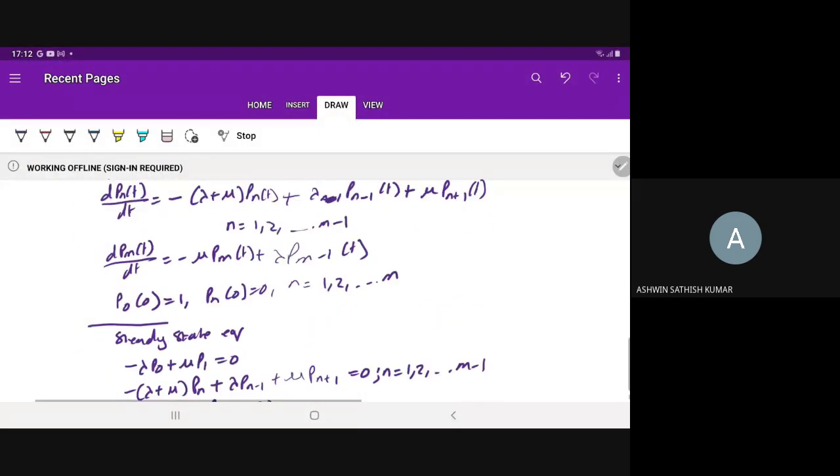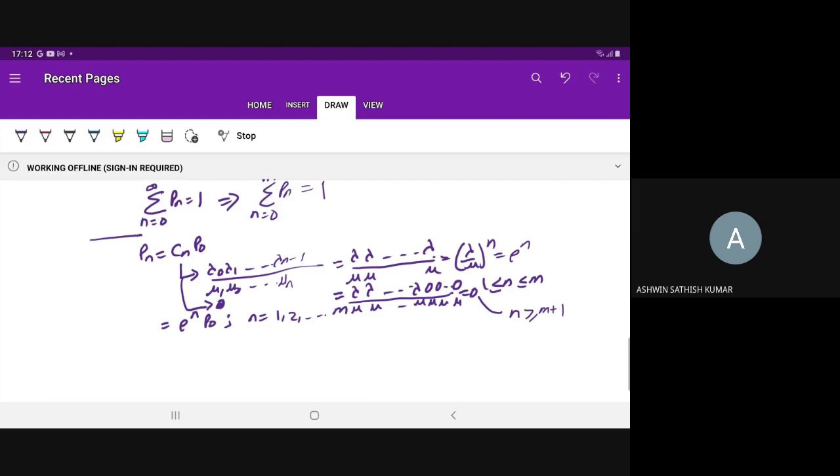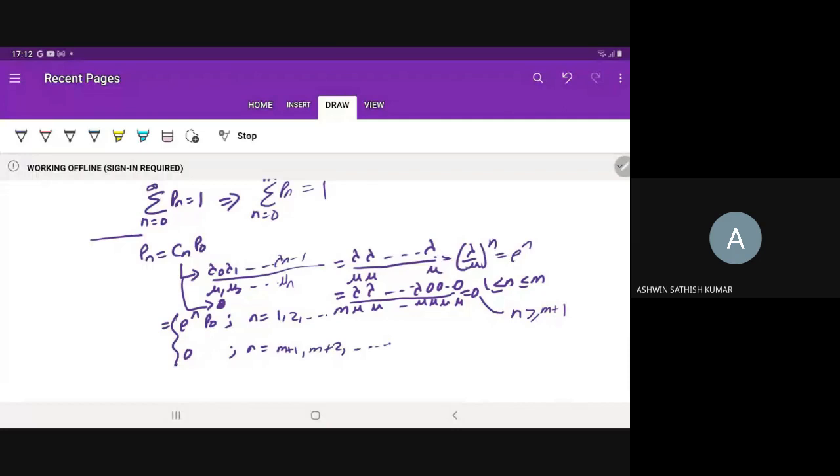So Cn becomes 0 for n greater than or equal to m plus 1. Up to m it is rho to the power n, and it is 0 for n is equal to m plus 1, m plus 2, and so on. Up to m, we have rho to the power n p naught.